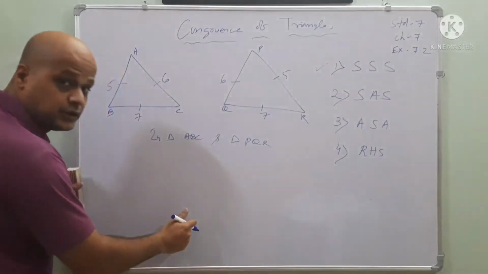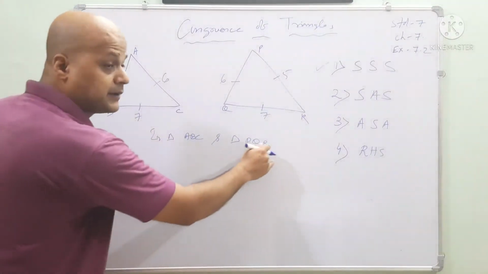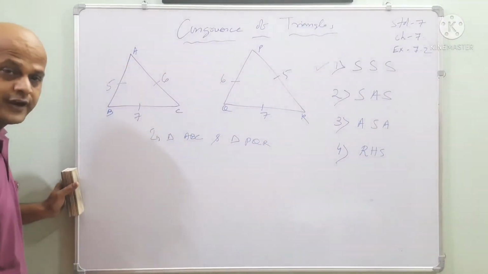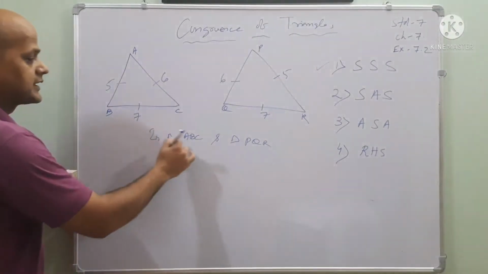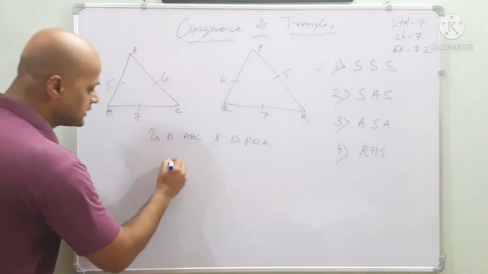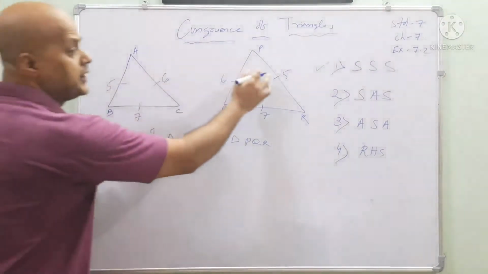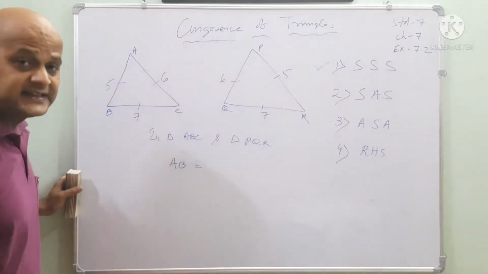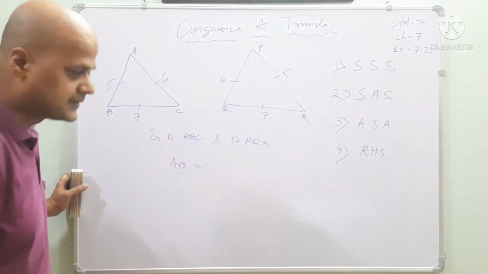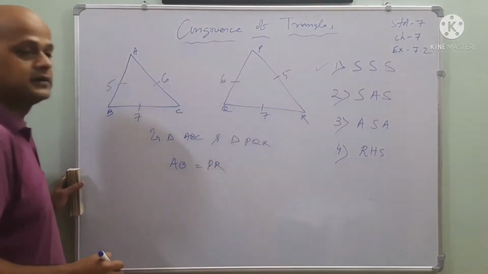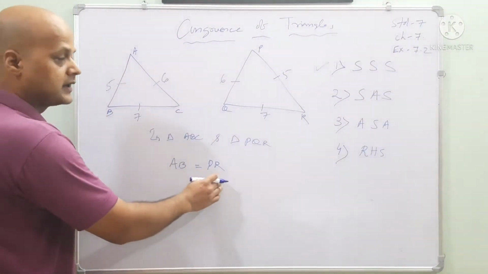For triangle ABC you write on the left hand side, and for triangle PQR on the right hand side. Understood my dear friends? First in triangle ABC, AB is how much? 5 centimeter. In triangle PQR, which side is 5 centimeter? Yes, it is PR. So I will write PR. AB is equal to PR.